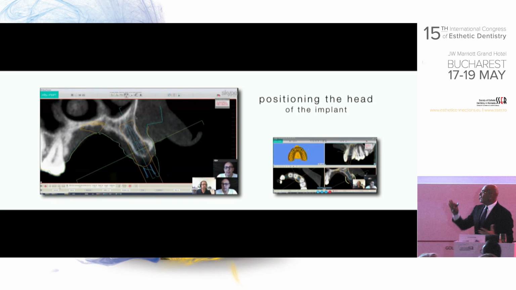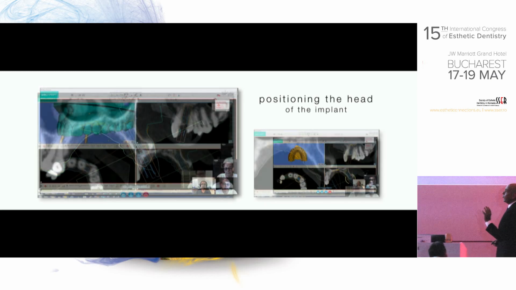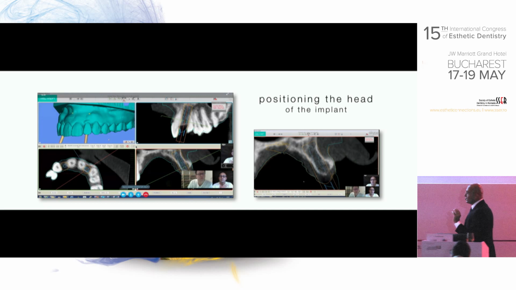And when we're deciding on how and where to place the implant, it's not only how vertically deep we will be, but the angulation, mesio-distally, bucco-lingually, and vertically. So this way, it will be a very precise way to go.